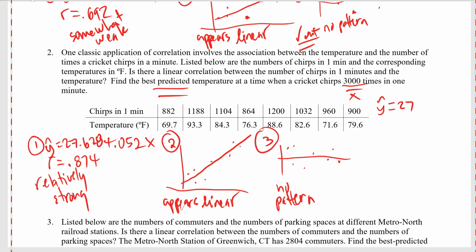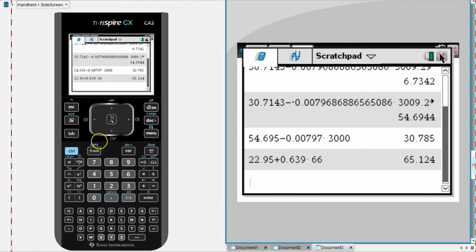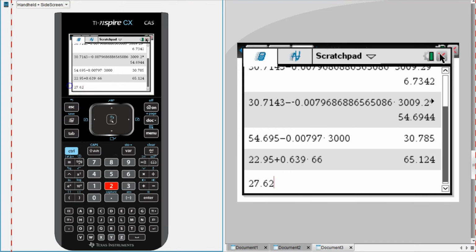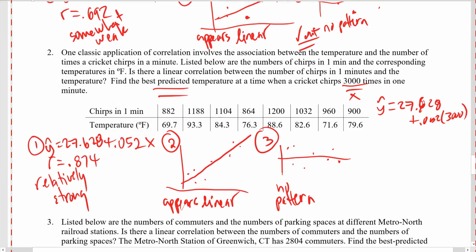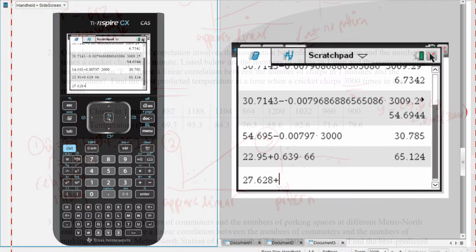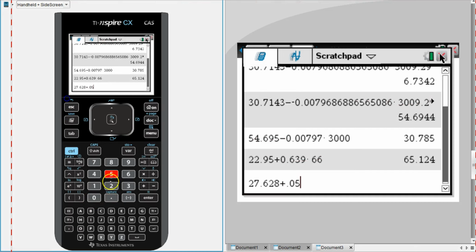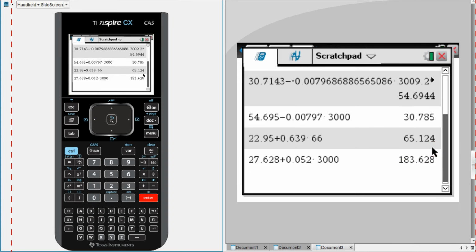Take the equation, 27.628 plus 0.052 times 3,000. We are predicting 183.628.